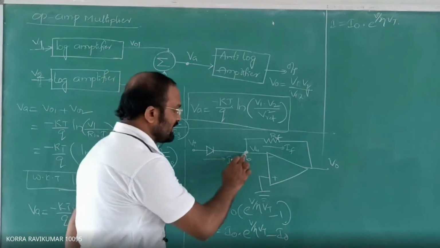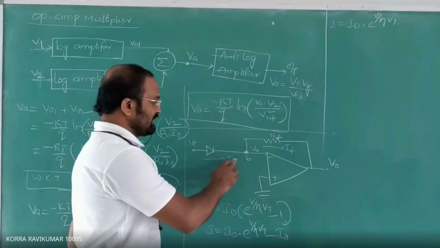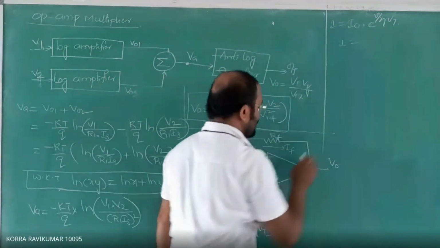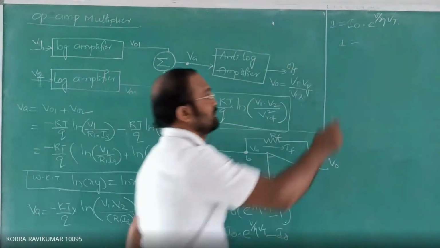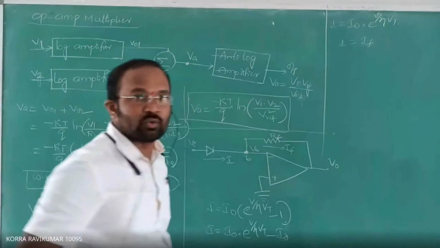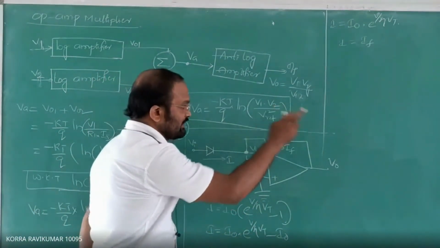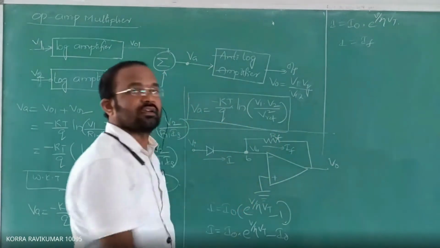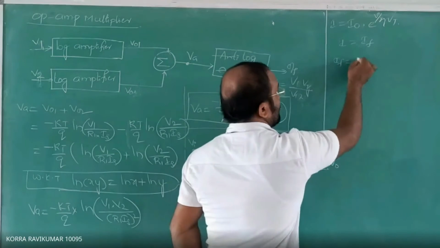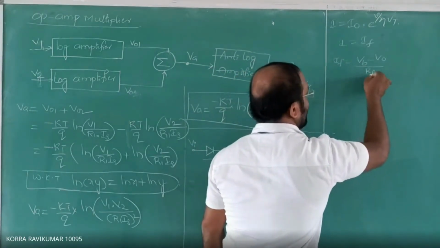The current entering into the node is equal to the current leaving the node. So the current entering into the node is I, and the current leaving the node is IF. This IF I need to calculate. What is the IF? IF is equal to VB minus V naught divided by RF.